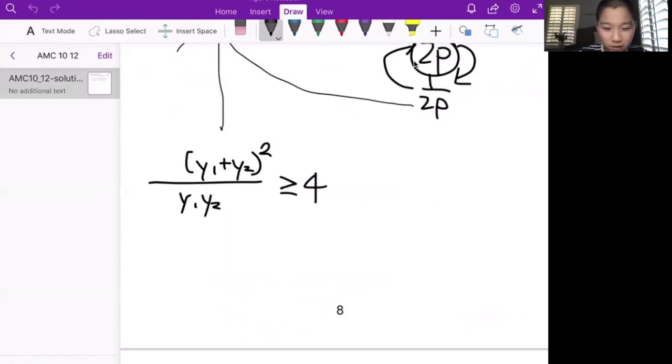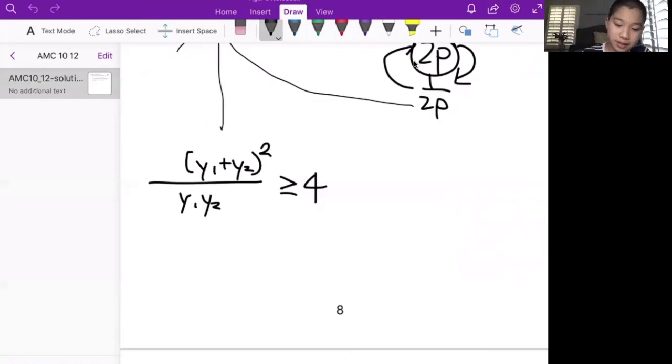So if you replace y1, y2 with y1, then you would get 4. And in most of these equations, that's like an extreme, either the biggest value or the smallest value.